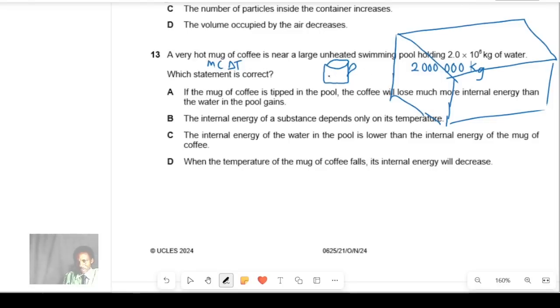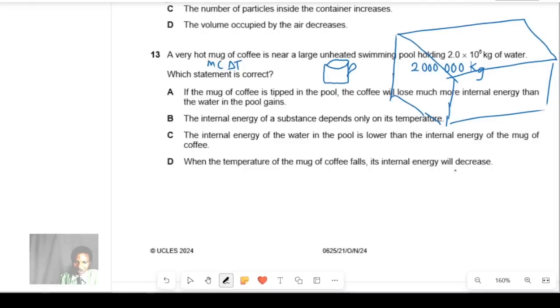Now, this mass is very small, but this one is very massive. The internal energy of a substance depends on its temperature. Then the internal energy of the water in the pool is lower than the internal energy of the mug of coffee. So the temperature of the mug of coffee falls because its internal energy decreases.